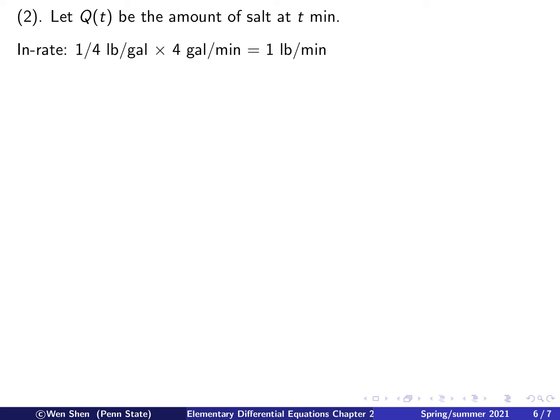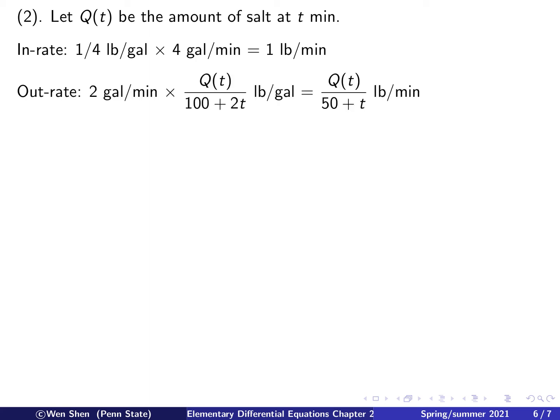And the equation will be set up in a similar way by computing the in rate and the out rate and putting them in the differential equation. So the in rate would be the concentration multiplied by the rate. We are familiar with that concept. So 1/4 times 4 is exactly 1 pound of salt per minute.